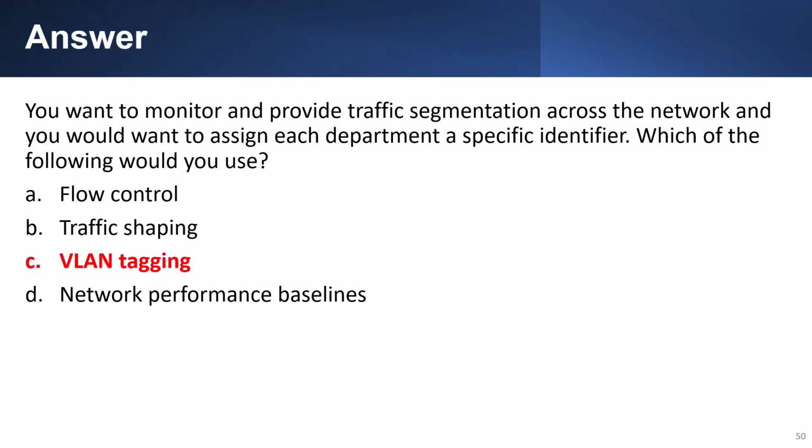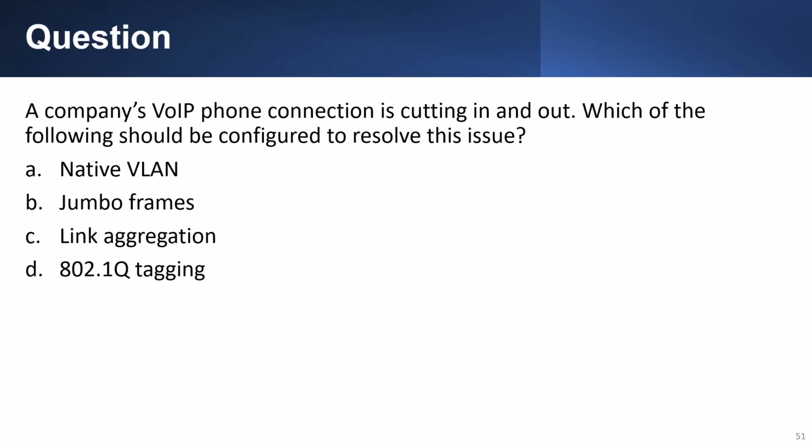Answer: VLAN tagging. Question: a company's VoIP phone connection is cutting in and out. Which of the following should be configured to resolve this issue? Answer: 802.1Q tagging.